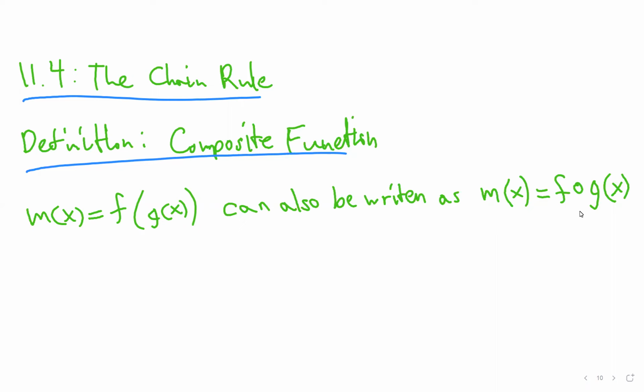And so this is kind of a silly little acronym of FOG, but the O here is sort of a mathematical symbolism to say "of," just sort of the same way that I stated it as f of g of x. And so you're able to write it this way as well if you wanted to use a different notation to denote the embedding of one function inside of another.